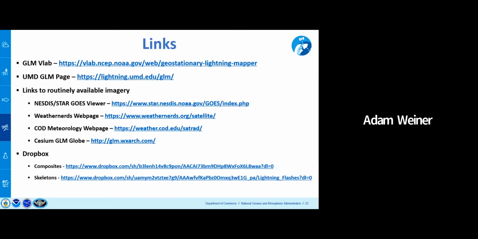Hello, I can be brave enough to go. Can you hear me okay? Hey, welcome, Adam. Yep, we do. So my name is Adam Weiner. I'm a second-year master's student at the University of Alabama in Huntsville, studying a case study of a severe QLCS or squall line which pushed through here in the cool season.